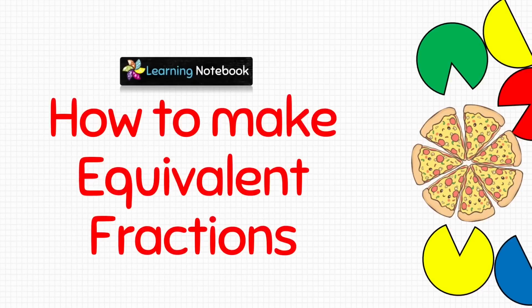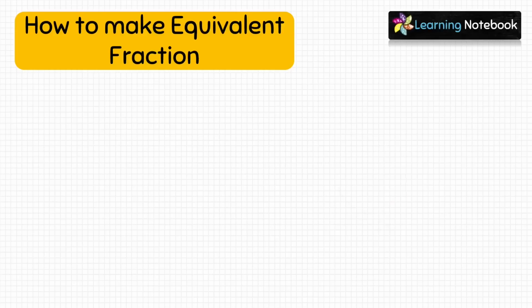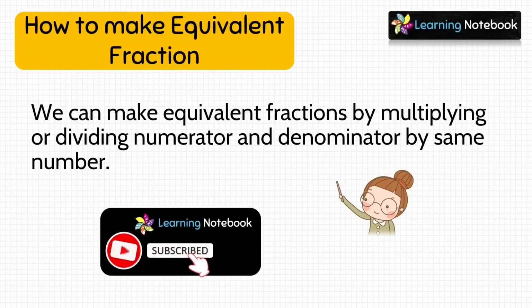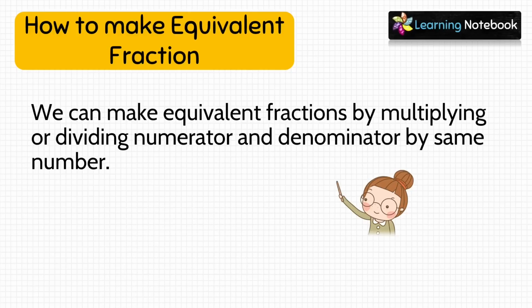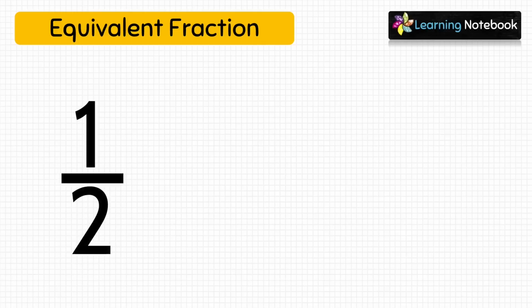Now let's understand how to make equivalent fractions. We can make equivalent fractions by multiplying or dividing numerator and denominator by the same number. Let's understand this with the help of examples. Suppose we are given a fraction 1 by 2 and we have to write its equivalent fraction.